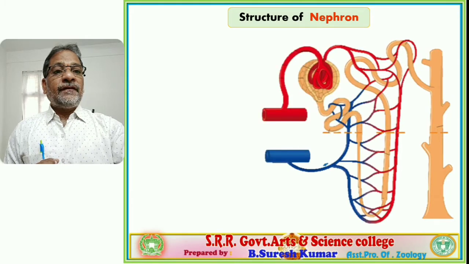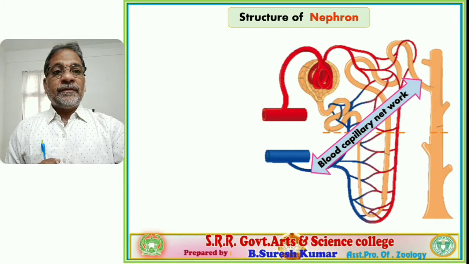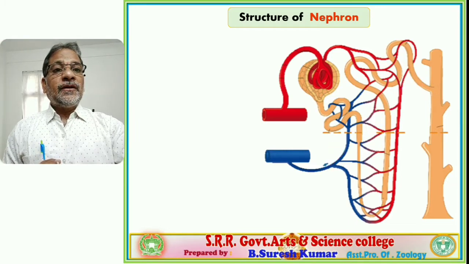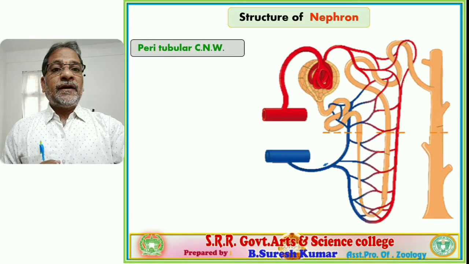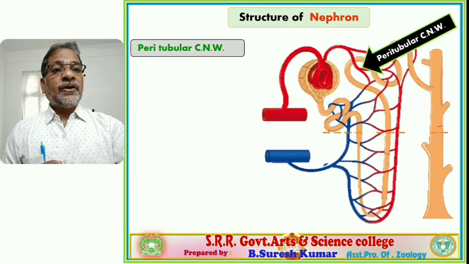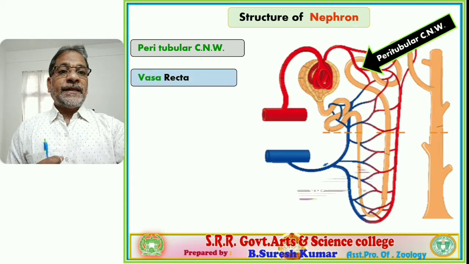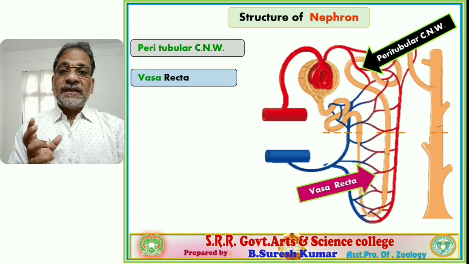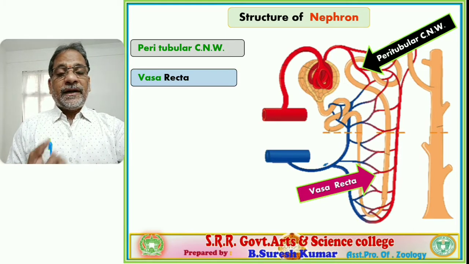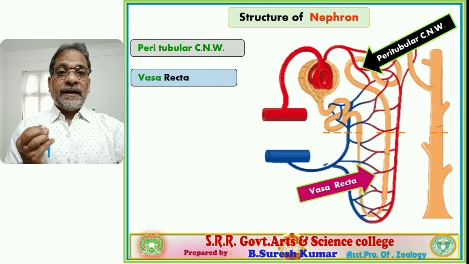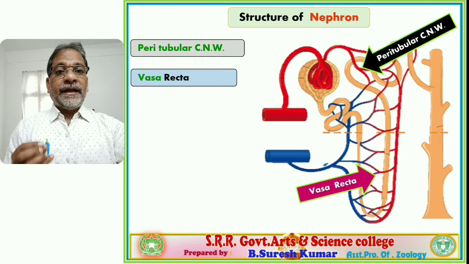This is the structure of the nephron. You verify the blood capillary network present on the surface of the nephron. Among them, the first one is the peritubular capillary network, and the second one is the vasa recta. So with this we verified all the components related to the nephron in the diagram.